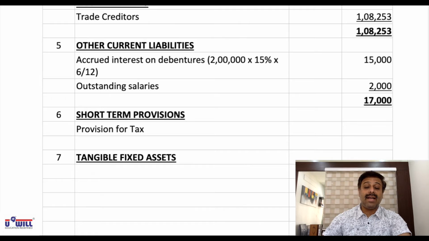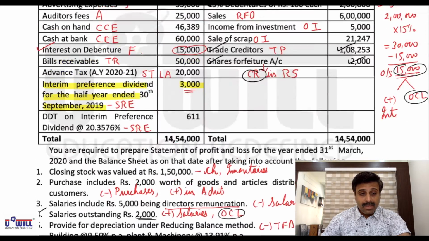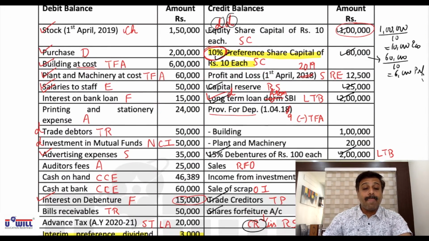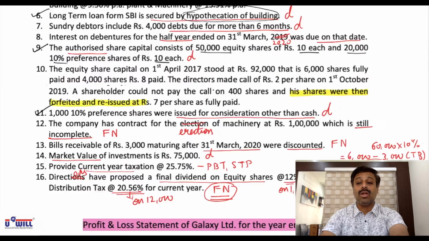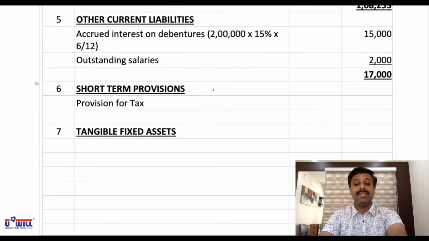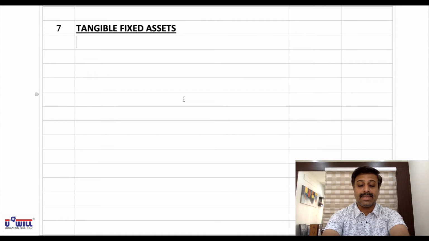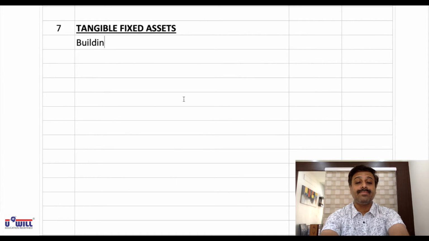So TFA marked items. In that first we have building of 6 lakhs. That we will write in the inner column at cost. Depreciation is to be subtracted. So building 6 lakhs. Now on the credit side, provision for depreciation is given, that we will subtract first.